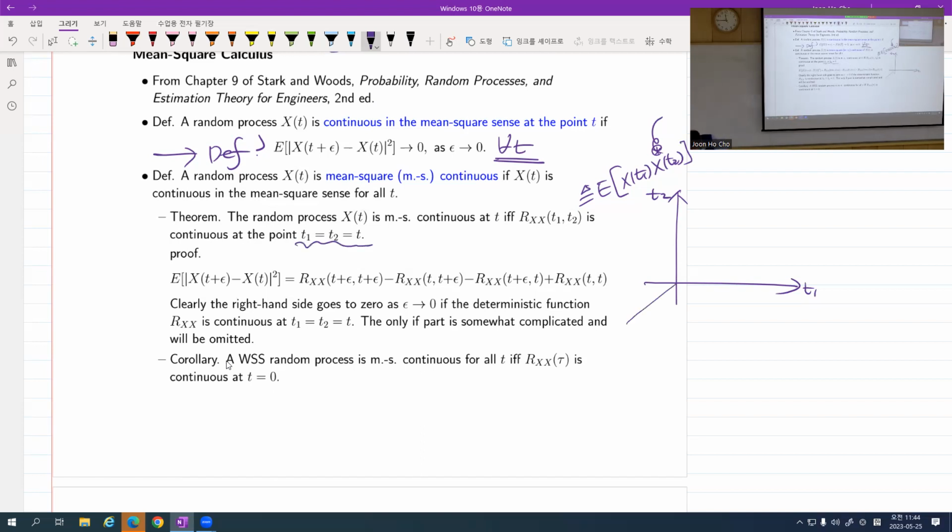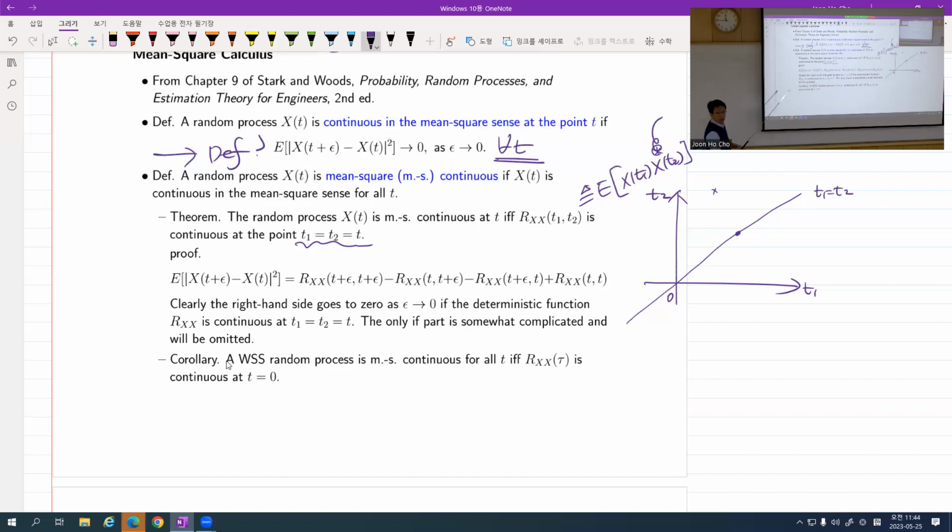You draw a line, t1 equals t2, and at every point on this line, the autocorrelation function is continuous. So you may have some discontinuity elsewhere, but for every t at t1 equals t2 equals t, you have continuity.